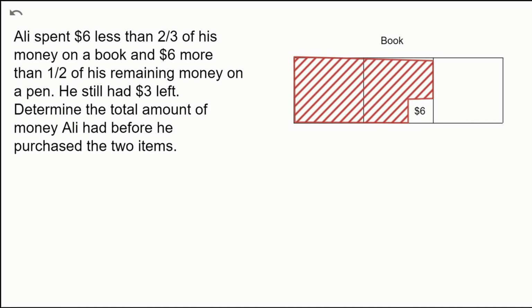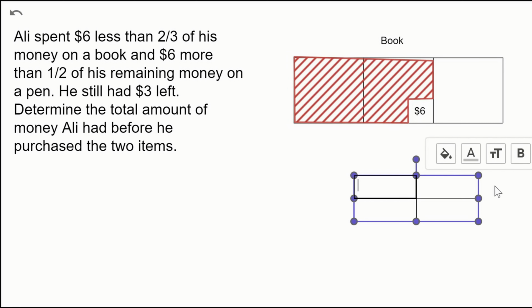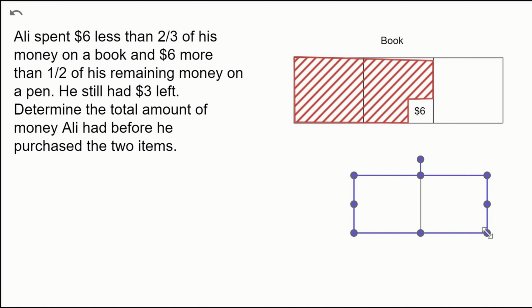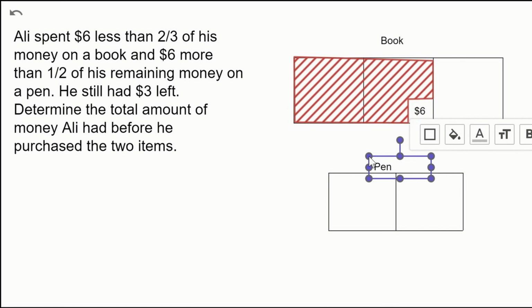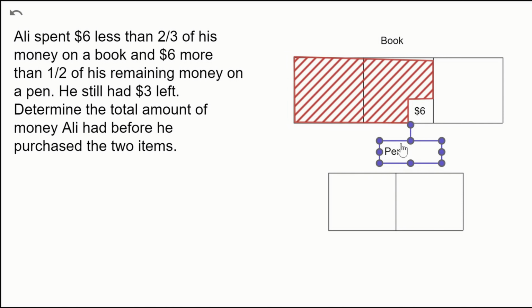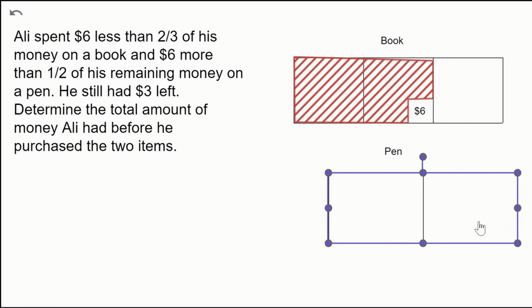So now we'll make a visual representation for how much money he spent on the pen. This diagram will represent the amount of money Ali spent on the pen. That's why it's divided into halves.